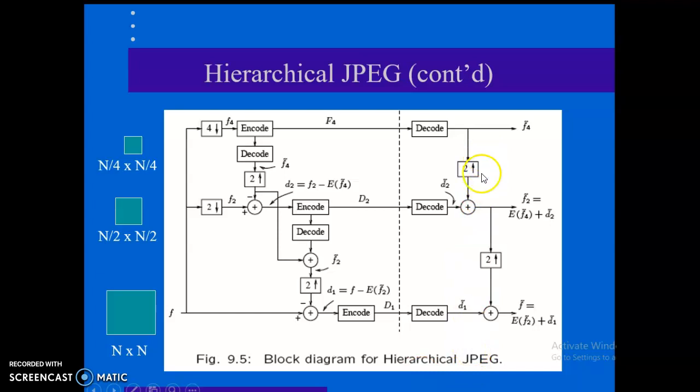So in between n by 4 cross n by 4 and n by 2 cross n by 2 is f4 approximation, f2 approximation, up of f4 approximation plus d2 approximation.